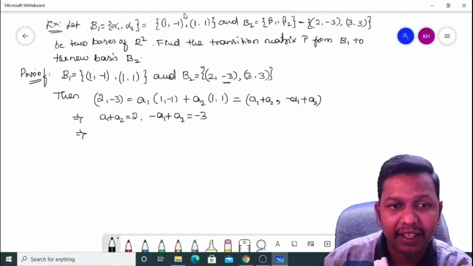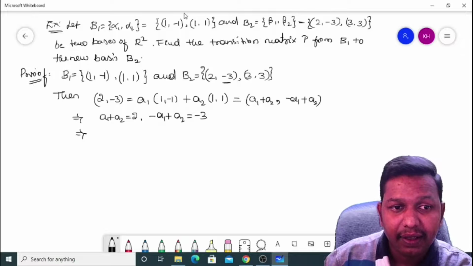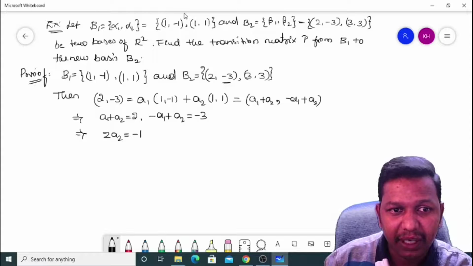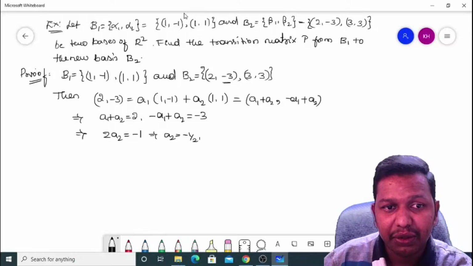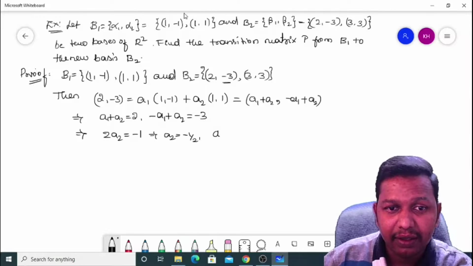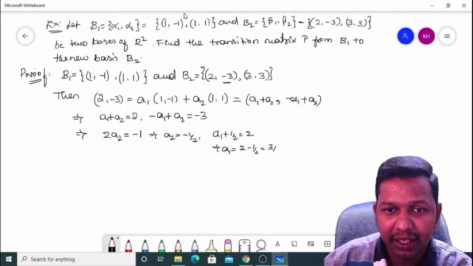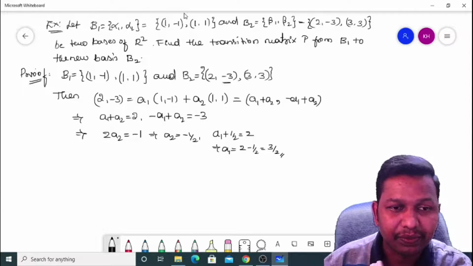Add these two equations, we get 2A2 equals minus 1, which implies that A2 value is minus 1 by 2. Substitute A2 value in the first equation, that is A1 plus minus 1 by 2 equals 2, which implies that A1 equals 2 plus 1 by 2, which is nothing but 5 by 2.